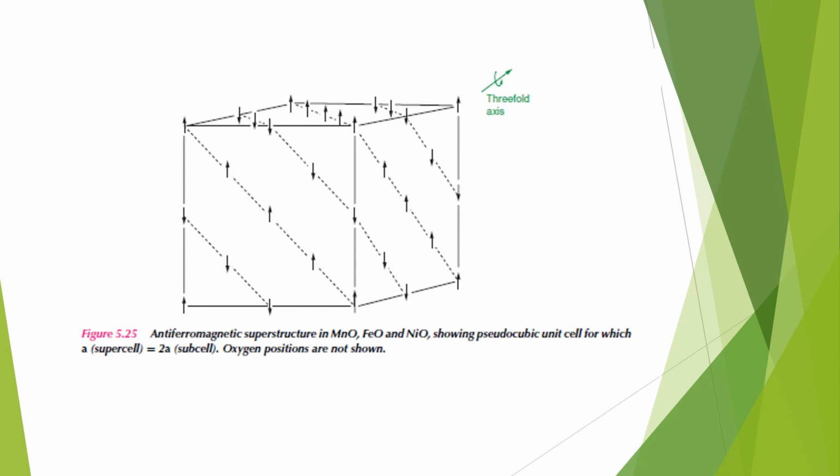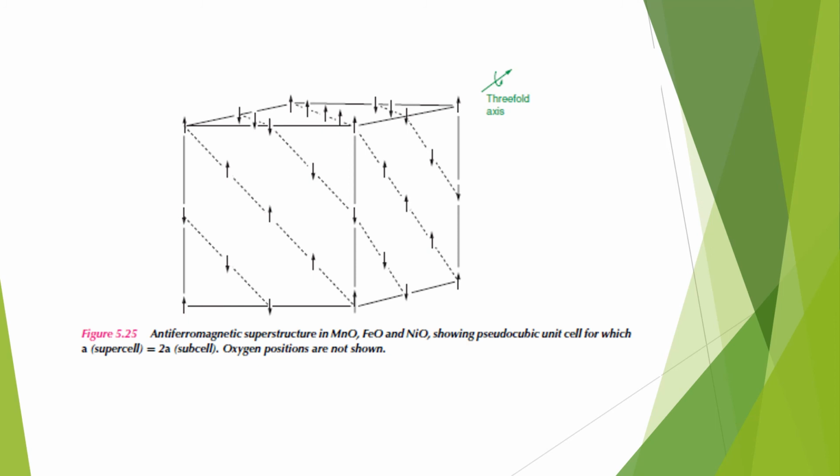Here is a diagram showing the antiferromagnetic superstructure in manganese oxide, iron oxide, and nickel oxide, showing the pseudo-cubic unit cell for which a supercell equal to 2a is shown.